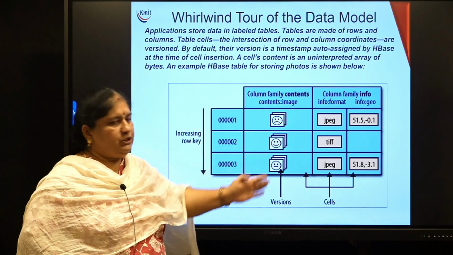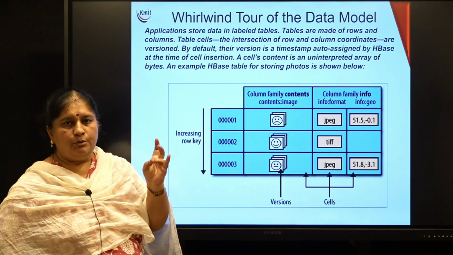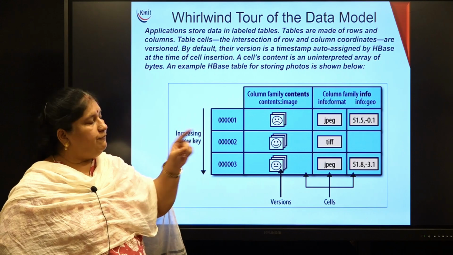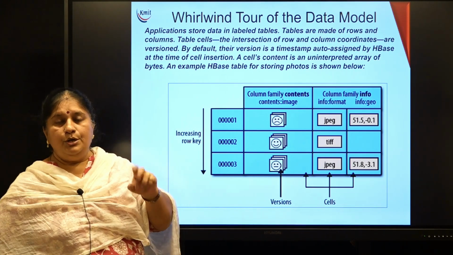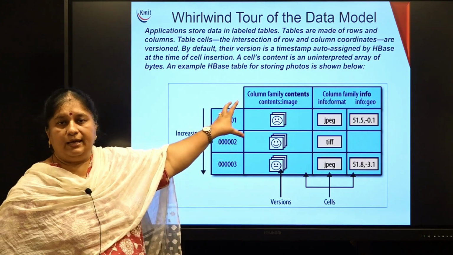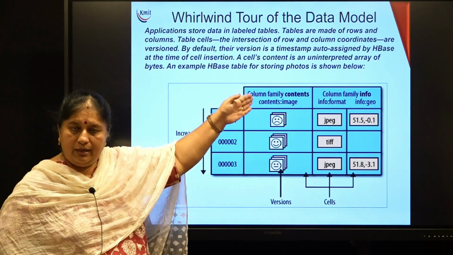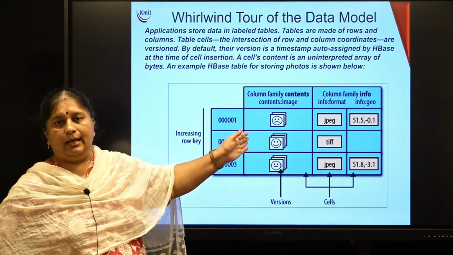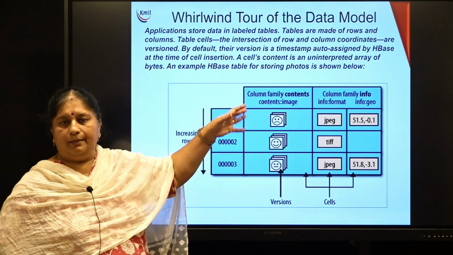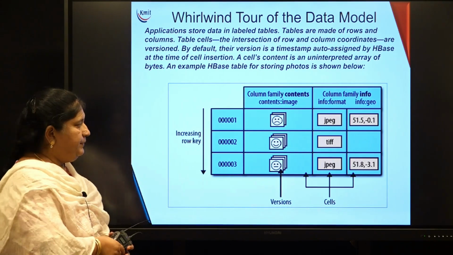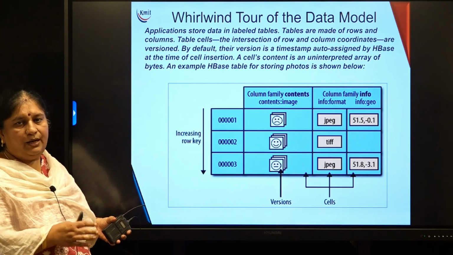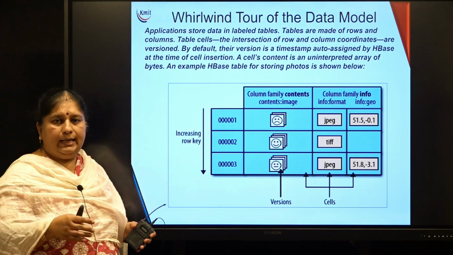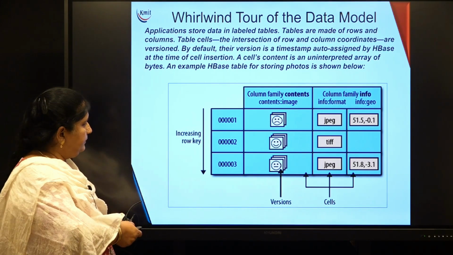In information I am storing format and geometric information. In the information itself I want to store which camera I have taken this pic with. That camera information I also want to add. Can it be done? Very well, we can update the column definition. But initially you should specify how many columns you have, at least with a minimum value.